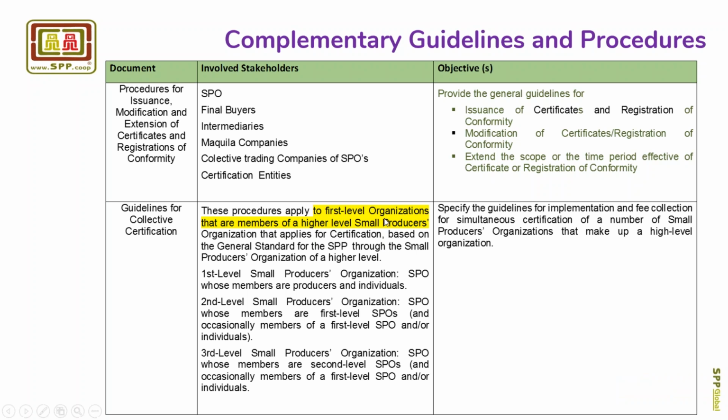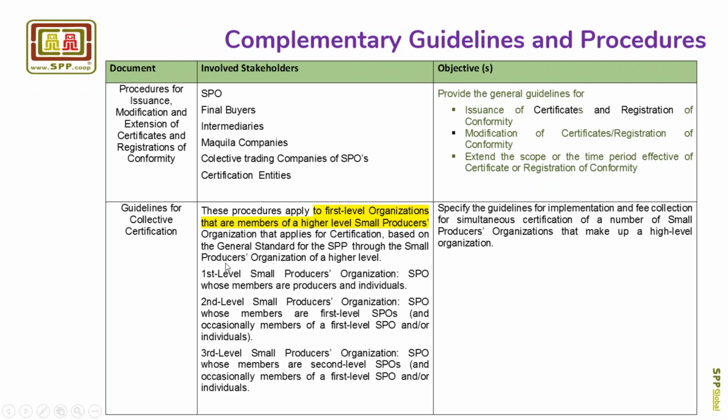These procedures apply to first-level organizations that are members of a higher-level small producer organization that applies for certification based on the general standard for the SPP through the small producer organization of a higher level.